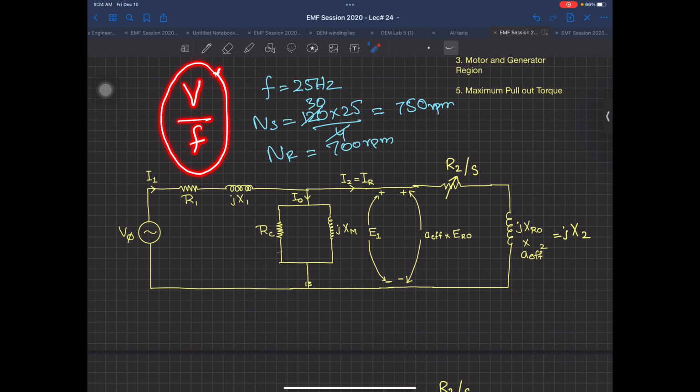In electromechanical devices, that are the AC machines I am talking about, whenever you are going to change the frequency of those devices, at the same ratio you have to change the voltage. Same ratio. If you are decreasing frequency, you have to decrease the voltage also.